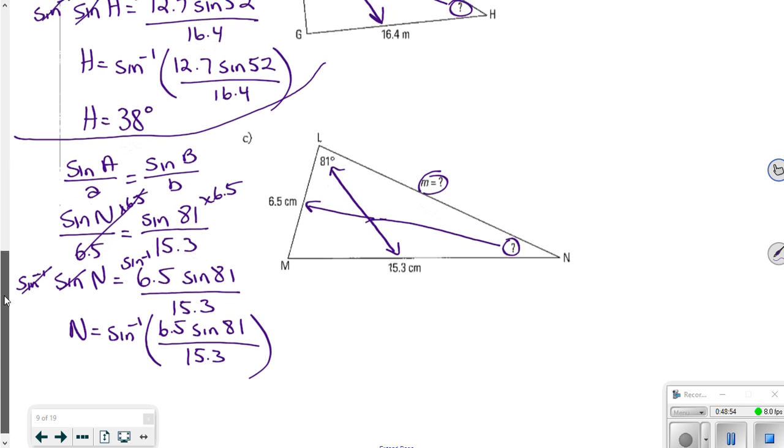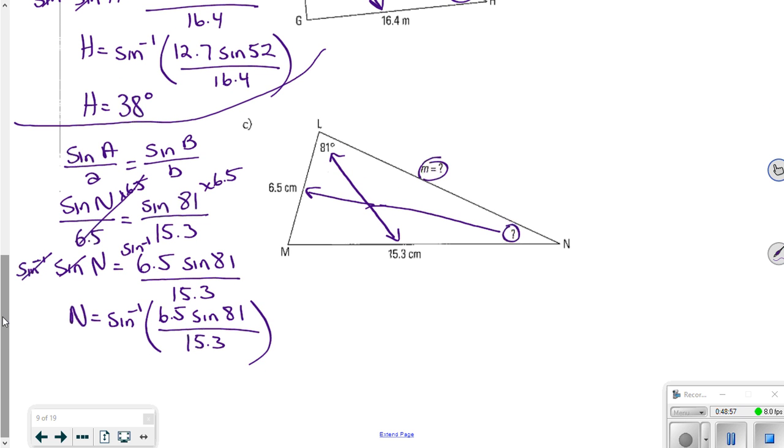So you're going to do inverse sine of 6.5 times sine 81 divided by 15.3. And N is going to be 25 degrees.